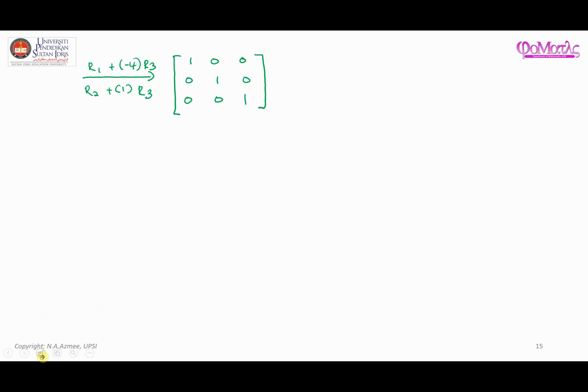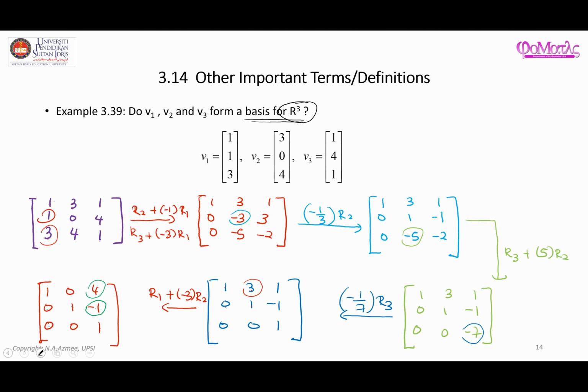And you can see that the columns with leading 1 are the first column, the second column, and the third column. So therefore, if we go back to the original matrix, we will be considering first column, second column, and third column, which then translates that all the vectors given here form a basis for this vector space.